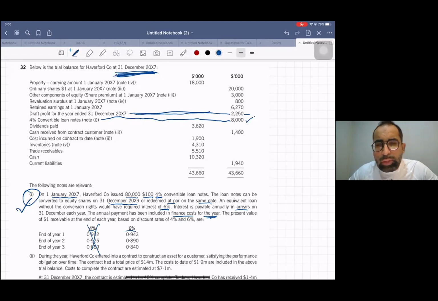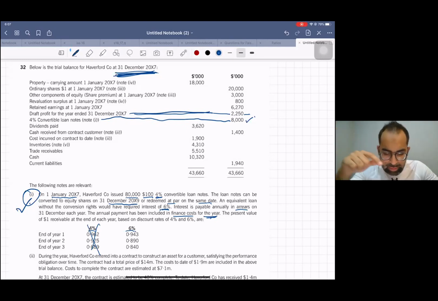So yes, you need to split debt and equity. The routine procedure is, first of all, assume this transaction as a pure loan and identify the cash flows. There are two major types of cash flows in these transactions: one is interest and one is principal.